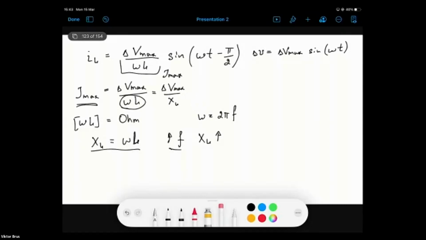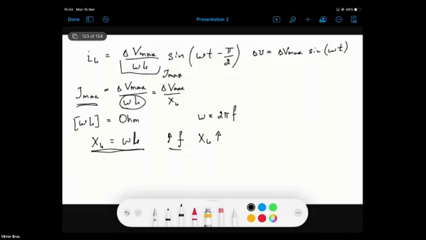So this is an important moment, that the opposition for charge transport in an alternating current circuit with inductor is defined by inductive reactance, and this inductive reactance is given by this simple equation.